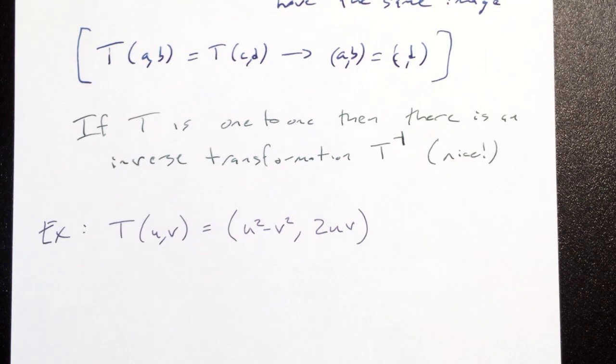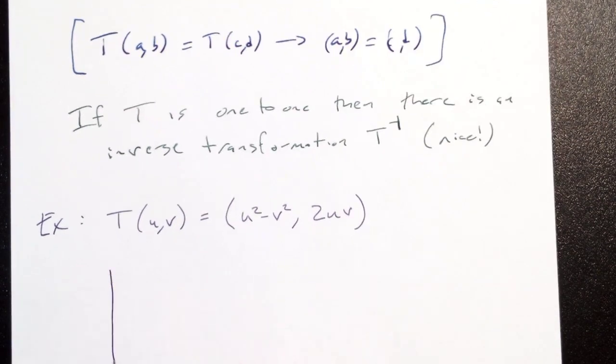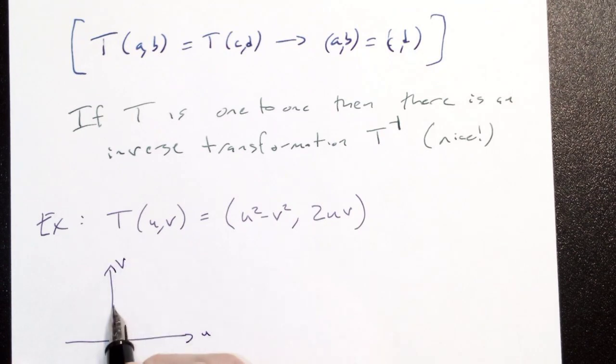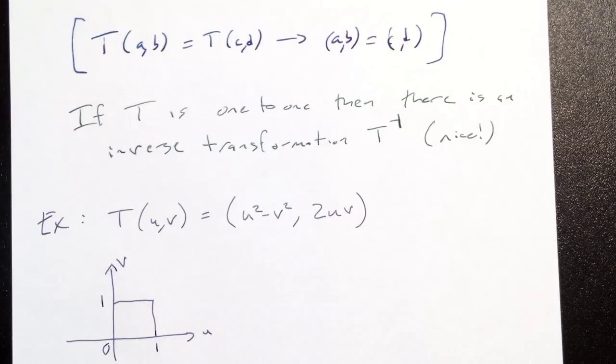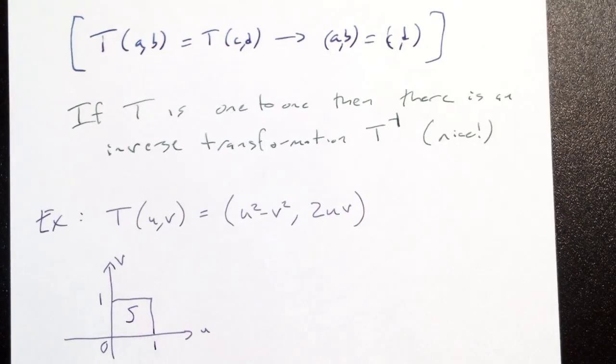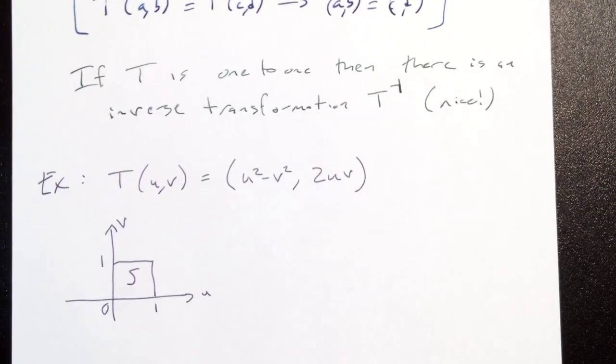So I'm going to pick a region in the UV plane. I'm going to look at the unit square, S. And my question to you is that when I do this transformation, what happens to that square?